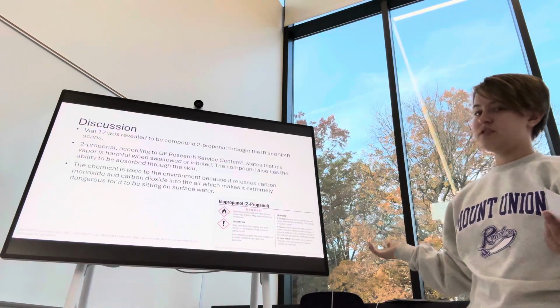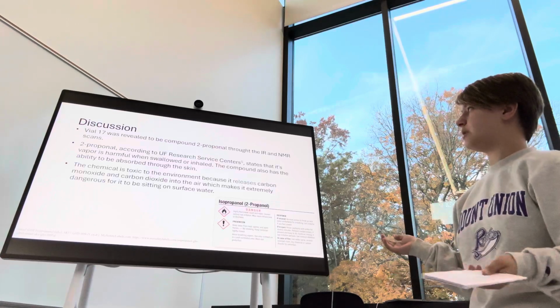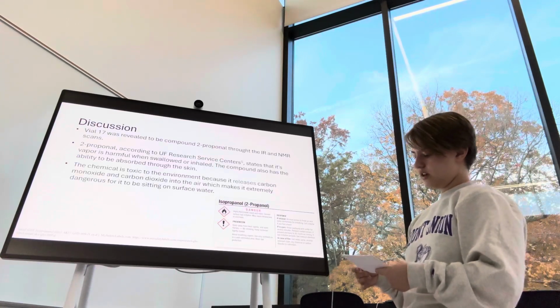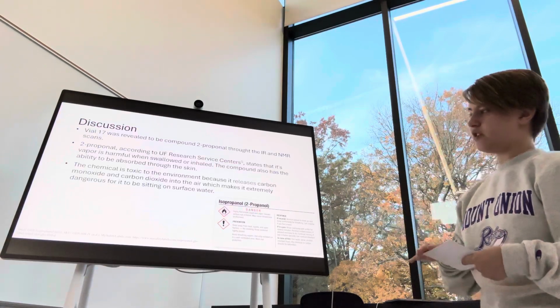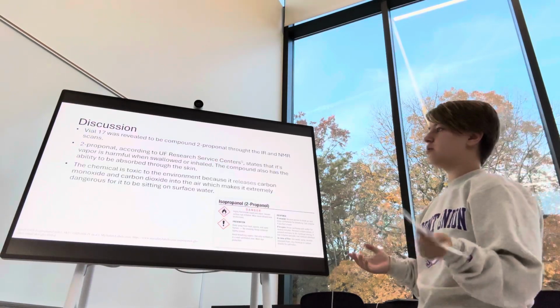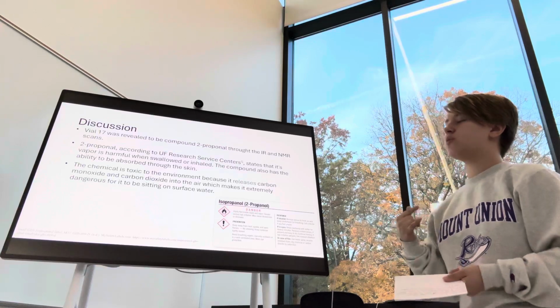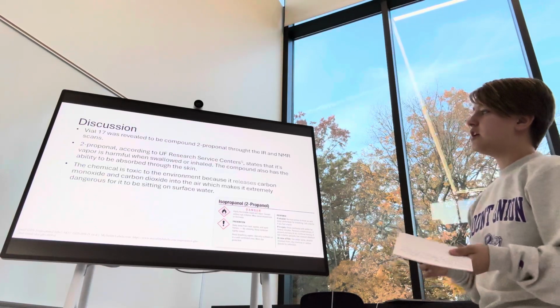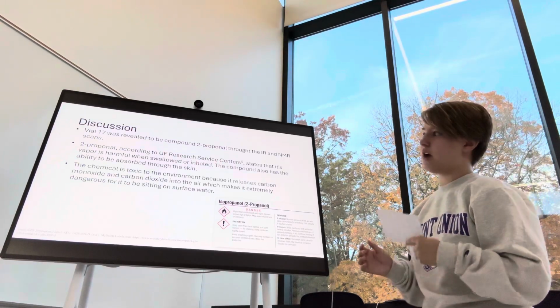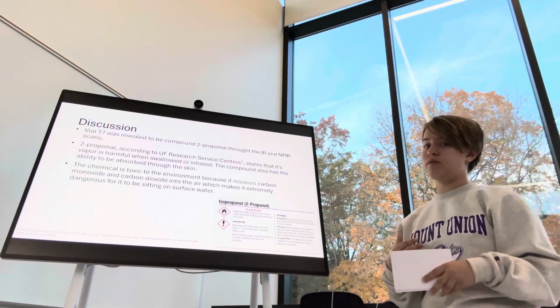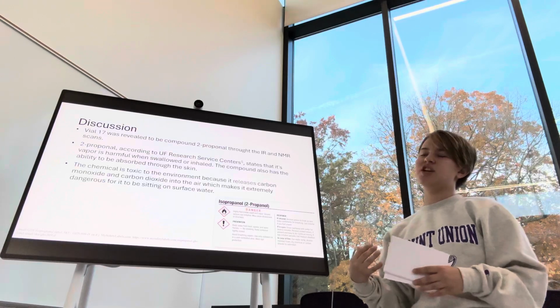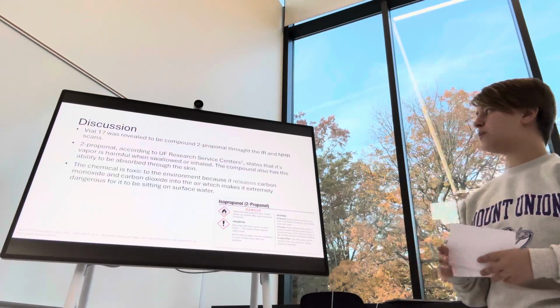And because vial 17 was revealed to be 2-propanol throughout the scans, it showed that it had a CH bond and an OH bond. The NMR showed that it had 3 peaks in a 6 to 1 to 1 ratio. And 2-propanol, according to the UF Research Service Centers, has vapor that is very harmful when either ingested or inhaled.